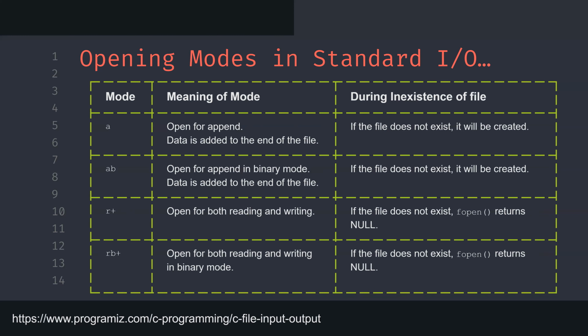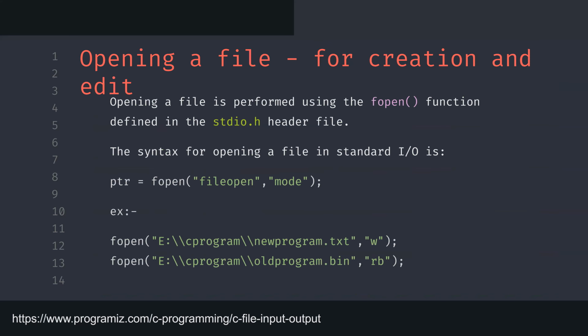There are, I think, several others, right? So this is the code. This fopen will return a pointer to that particular file, and now it is in the main memory. Here the content will be loaded to the main memory, and we need to mention the mode.